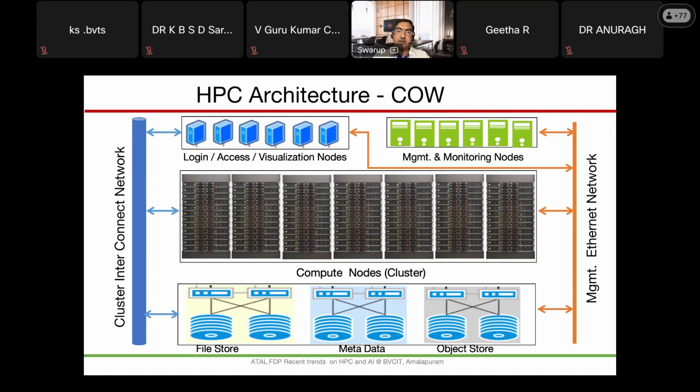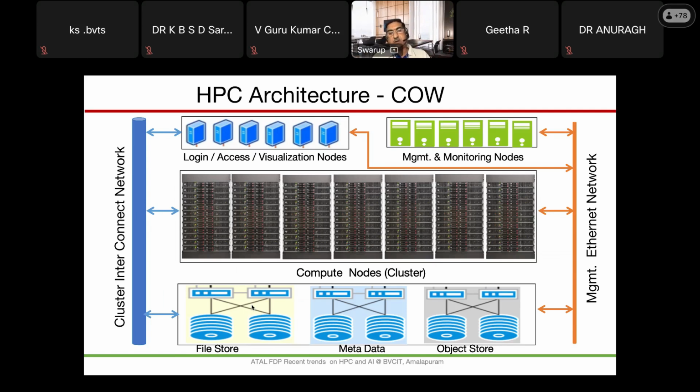Like, the data to be written is made into multiple data chunks, and these chunks are written across the storage blocks. Just imagine there is a 10-server storage, okay, storage nodes. Now the data is written across these 10 systems or 10 blocks.